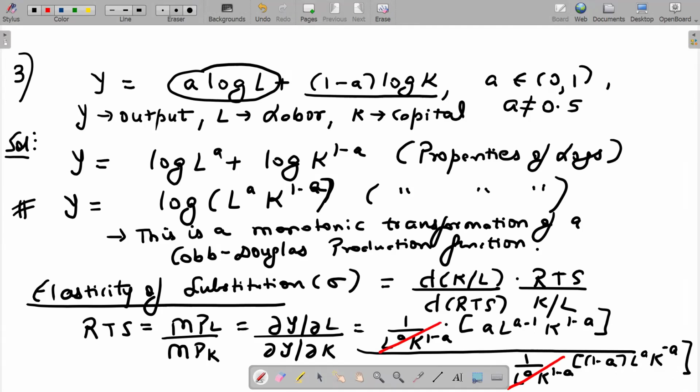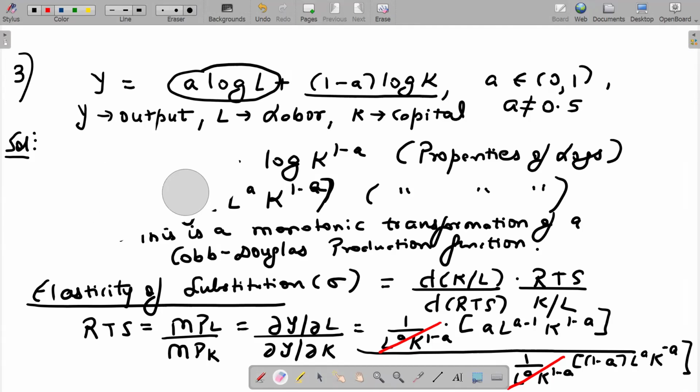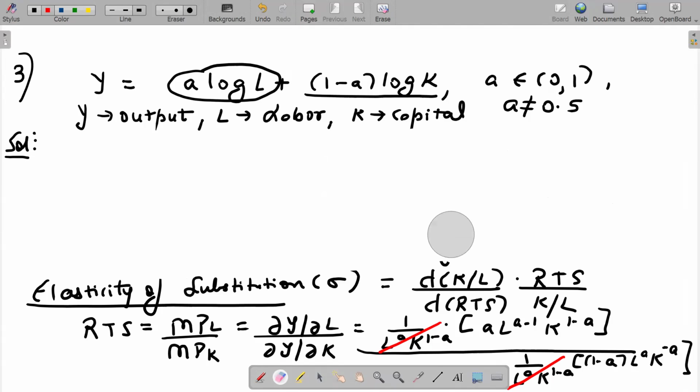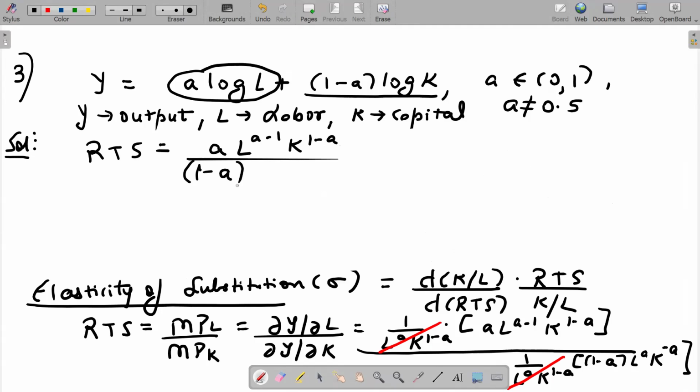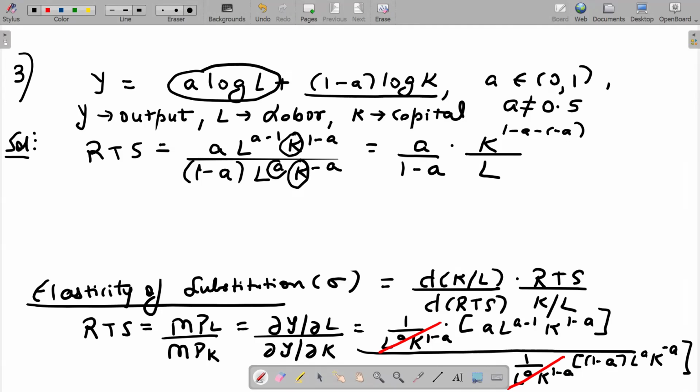Now this cancels with this. So if I write on the top, if I erase all this off, I can write that the rate of technical substitution RTS comes out as A L to the power A minus 1, K to the power 1 minus A over 1 minus A times L to the power A, K to the power minus A, which I can write as A over 1 minus A times K, the base is the same, so I can subtract the powers on the top, 1 minus A minus of minus A over, I can take L in the bottom, so it's A minus A minus 1.